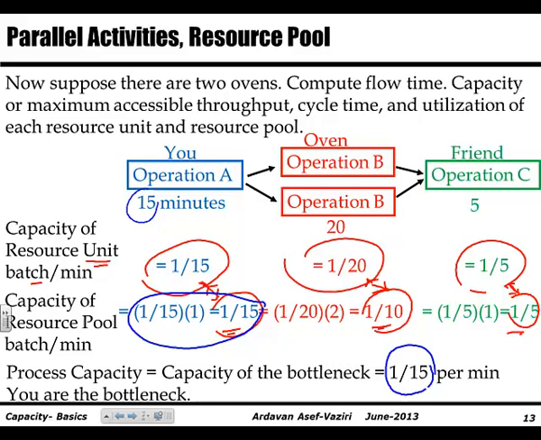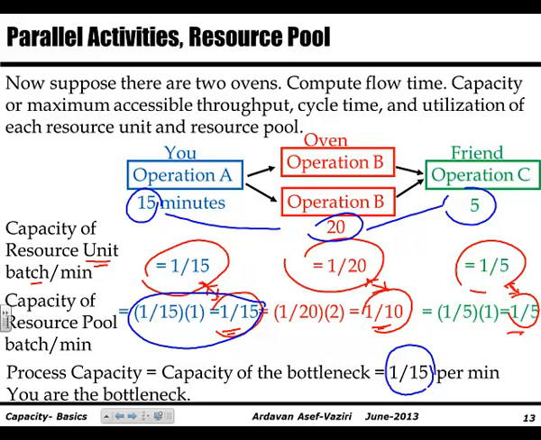Flow time is still 20 plus 15 plus 5, which is 40. There is no change in flow time. But capacity is changed. It is 1/15 per minute. In other words, every 15 minutes, one flow unit leaves the system.